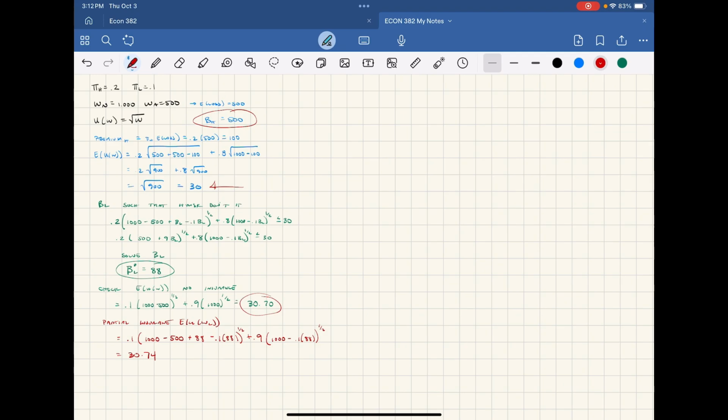Now, we'll also provide a benefit level of $88, which is much less than 500, and that's what's going to preclude the high-risk individuals from choosing that. And this means that the low-risk individuals are going to choose this amount and would get a utility of 30.74. So that's how we can calculate the separating equilibrium for an insurance example.